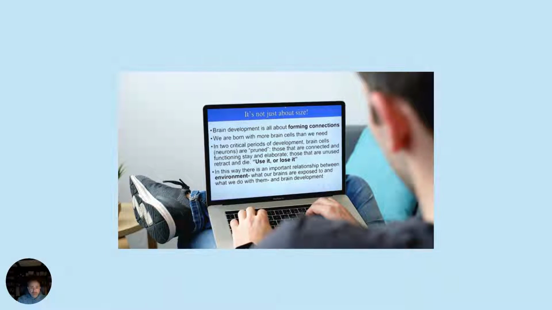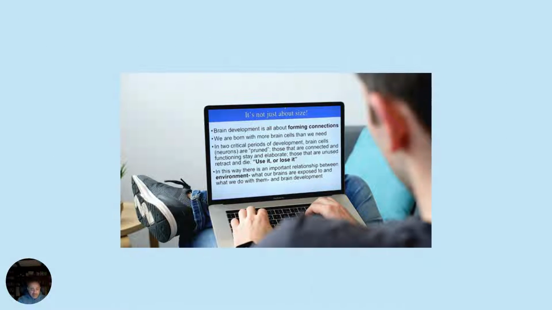First of all, one thing to demystify is that the brain is not just about size. Brain development is all about forming connections. We are born with more brain cells than we need, and in two critical periods of development, brain cells, also known as neurons, are pruned.